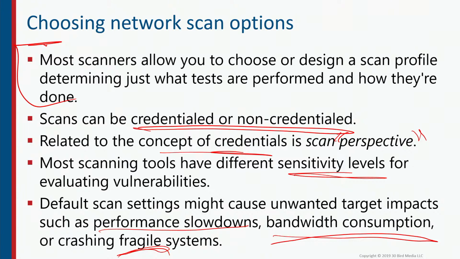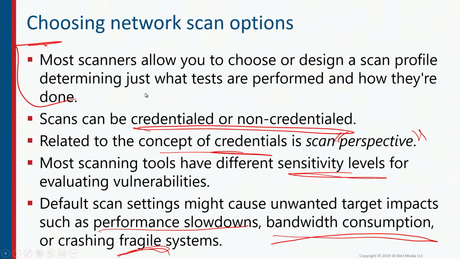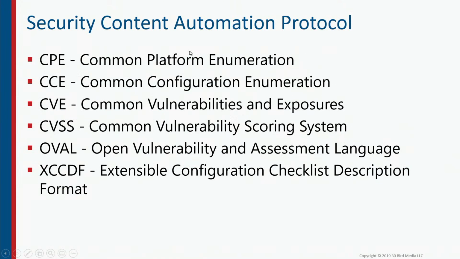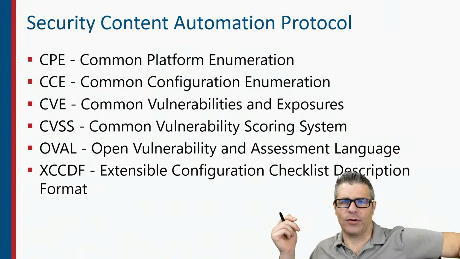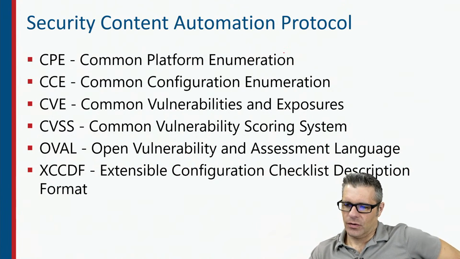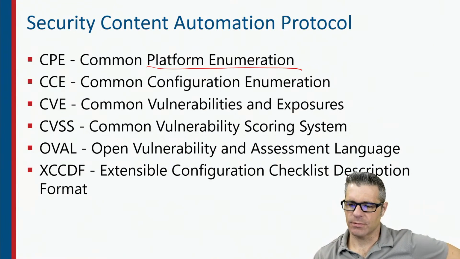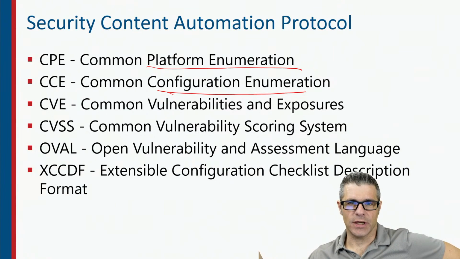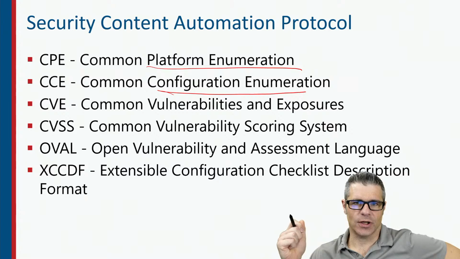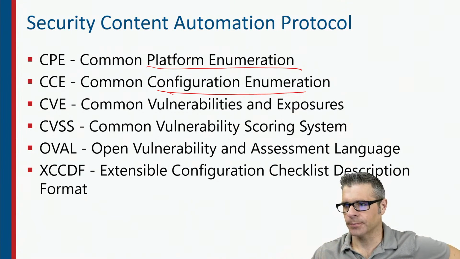We mentioned a couple slides ago the Security Content Automation Protocol. Those include even more acronyms, like Common Platform Enumeration. So what type of systems are we talking about? Configuration: did you leave a guest user installed with no password, or is there a root account with a commonly known password?